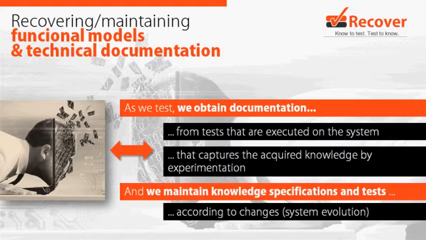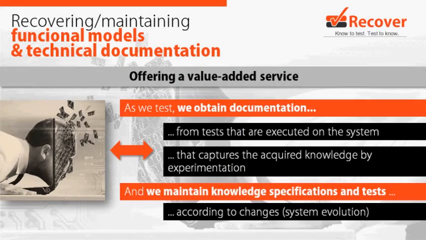So as we test, we obtain the documentation, and as test cases evolve or the model evolves, then we maintain the alignment between the specifications and test cases, as we will see later. So what we try to do is offer a value-added service in which we incorporate knowledge management in testing services.